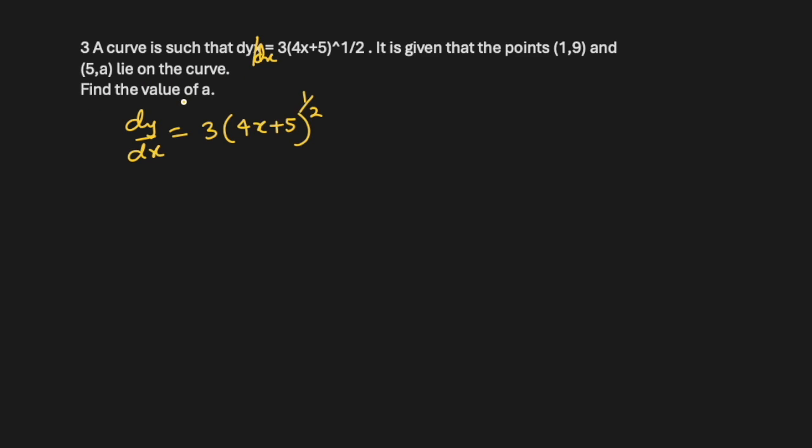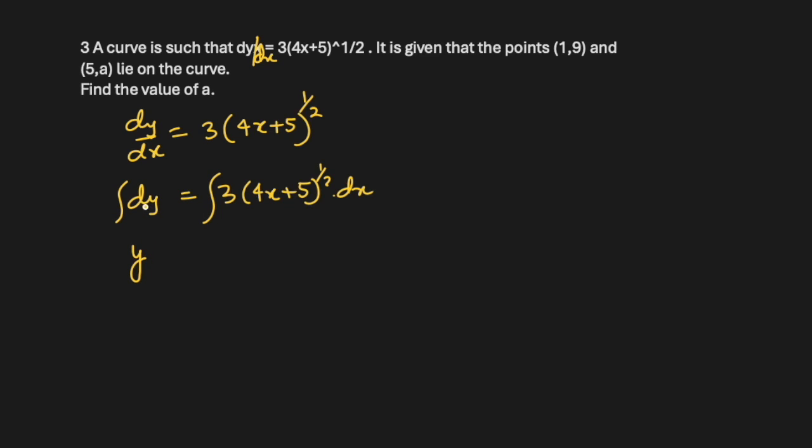Find the value of a. So to find the value of a, we should know the equation of the curve first. So what will we do? We will keep dy here, and 3 (4x plus 5) to the power half we'll write here, and dx will come and stay on the right side. So we'll integrate them now.